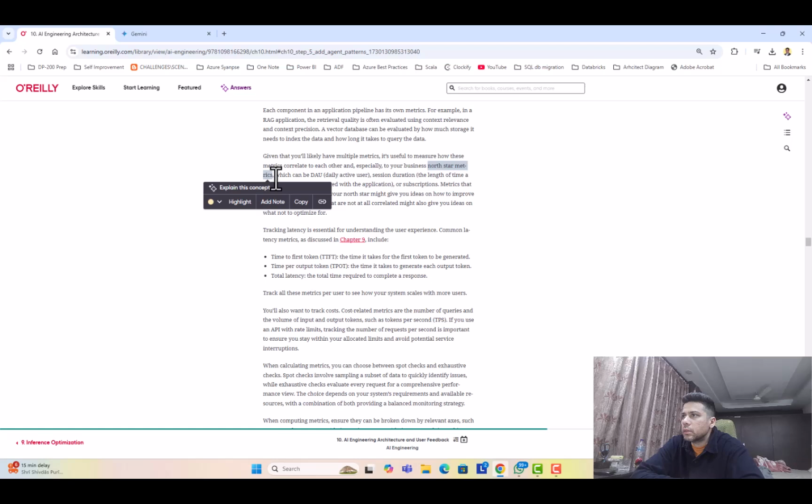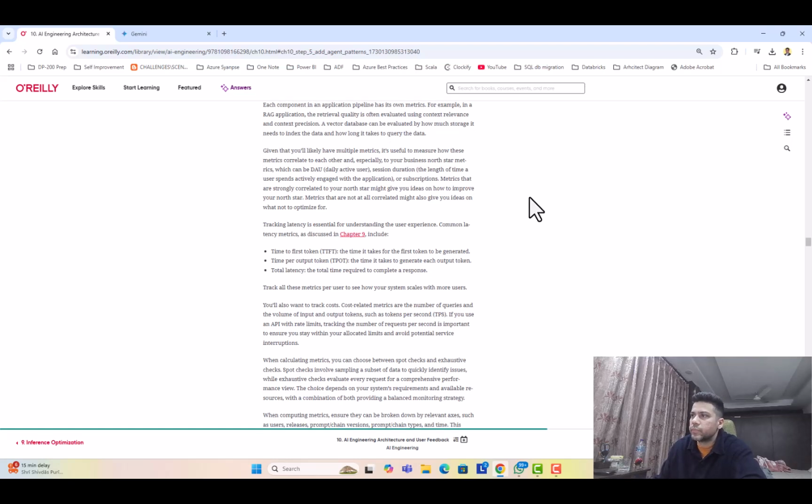Maybe this might be similar to USP for the products. But what a North Star metric is, there are certain metrics which will be very vital for the application or for the company, like daily active users, especially for the social websites, session duration, or subscription. So these are North Star metrics, or very important metrics that have to be gathered.